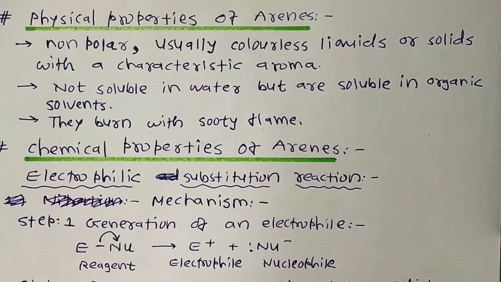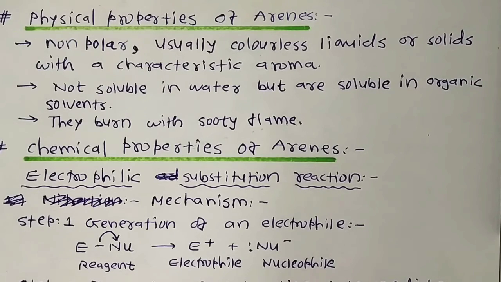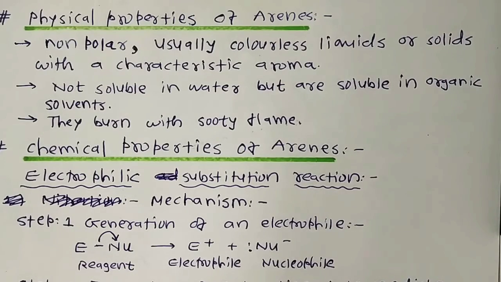But firstly, the most important reaction is the substitution reaction. What is the meaning of substitution or replacement reactions? Reactions in which one or more hydrogens of the benzene ring are replaced by other atoms or groups are called substitution reactions.